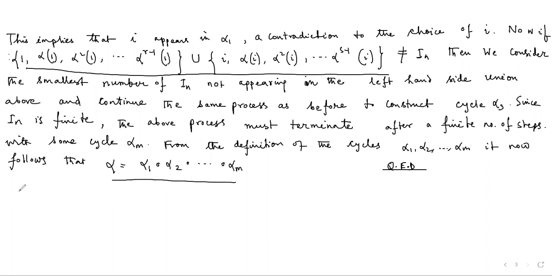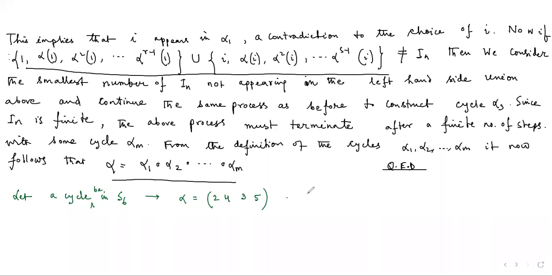Let us consider a cycle in the symmetric group S6. Suppose I'm naming the cycle alpha, and the cycle is like this: (2 4 3 5) in S6.